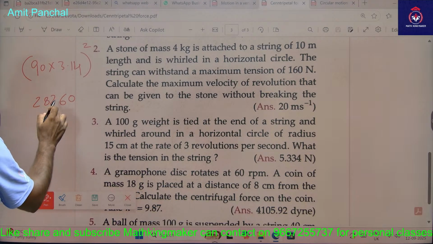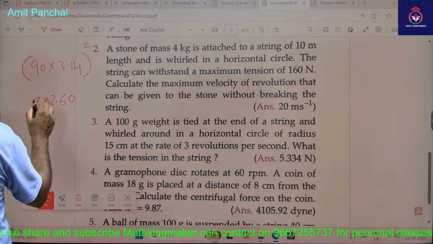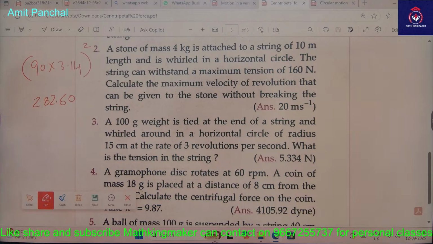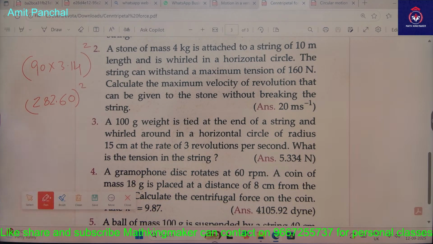So it becomes 282.60. So 282.60. I'll get it square. 2826.